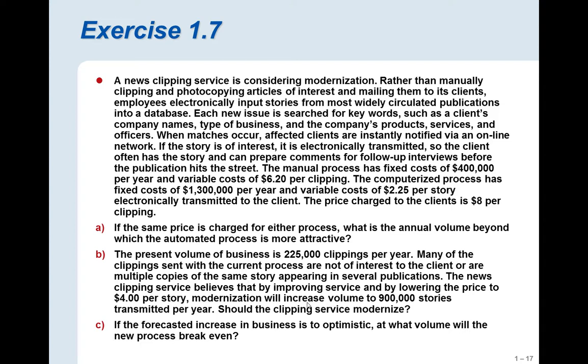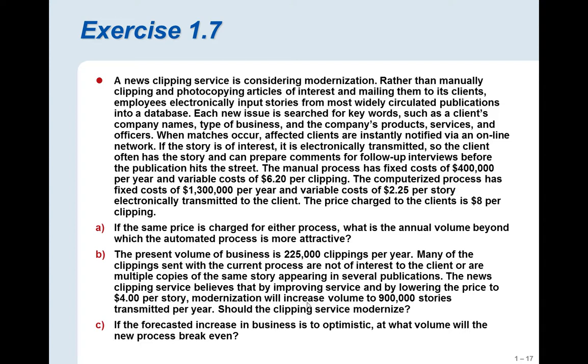On example 1.7, you can see that there is a magazine organization that is trying to modernize the process. In order to modernize the process, the organization must use a computer-like system.